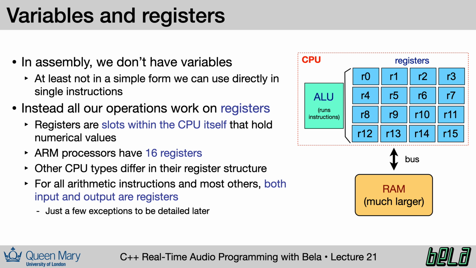Other types of processors might have more or fewer. On the ARM architecture, mathematical operations, such as arithmetic and logical instructions, will always operate on registers for both their input and their output, with just a few exceptions that we'll cover later. So in the table of instructions that we saw a minute ago, RD and RN would refer to which of these 16 registers our instruction was operating on.